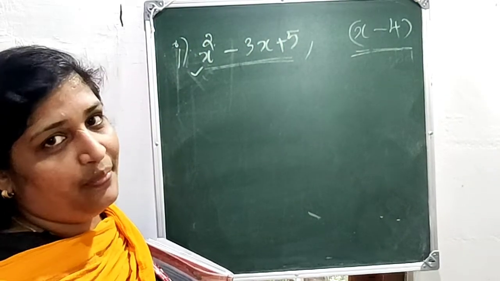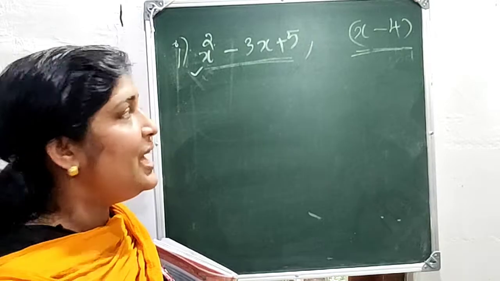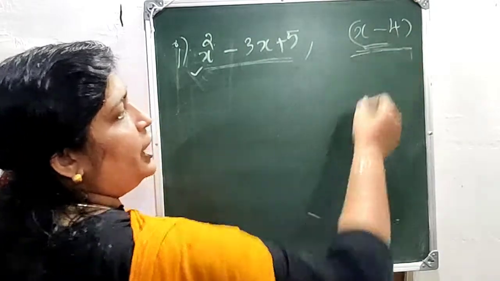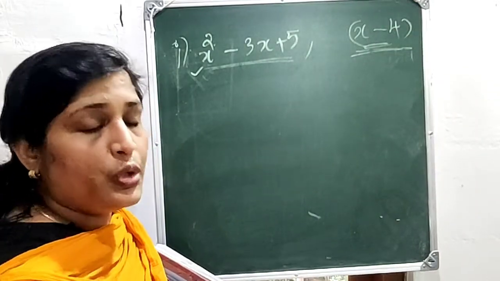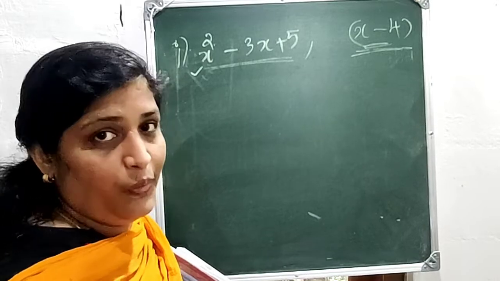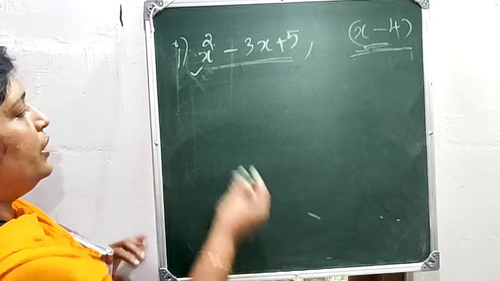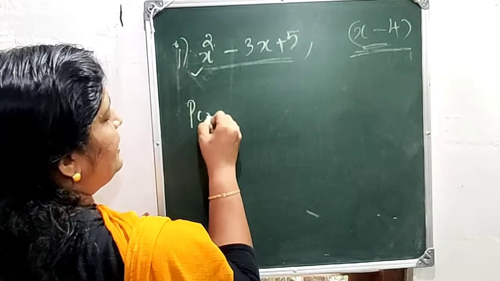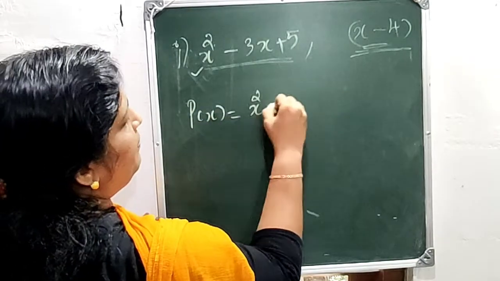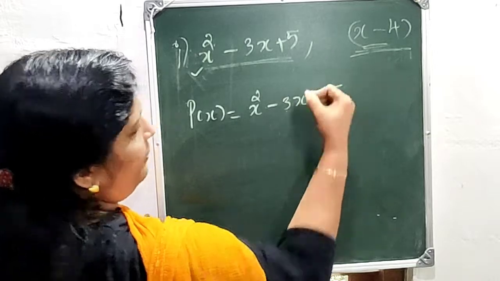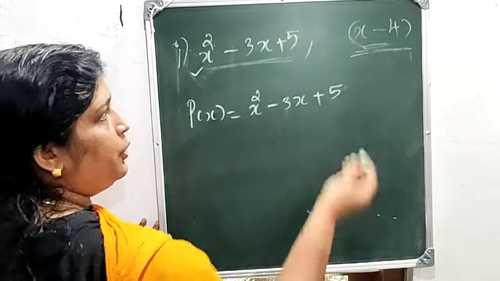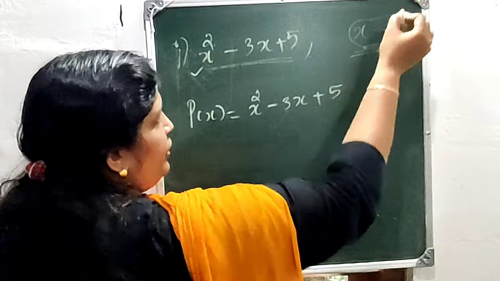Which is that number? Yes, x minus 4 needs to be a factor, right? So the number is p of 4. Here our p of x is equal to x square minus 3x plus 5, and we need to make x minus 4 a factor.